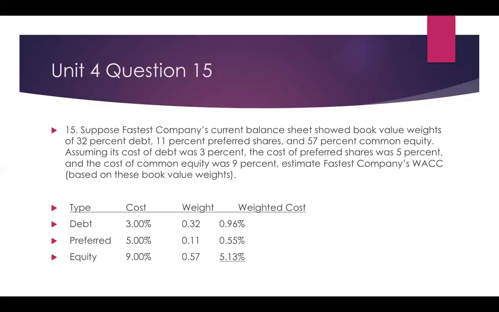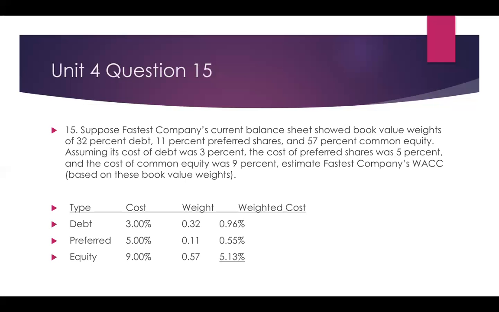Preferred, 5% cost, 11% weight, weighted cost of 0.55%. Equity cost, 9%. Equity weight of 0.57, which brings a weighted cost of 5.13.